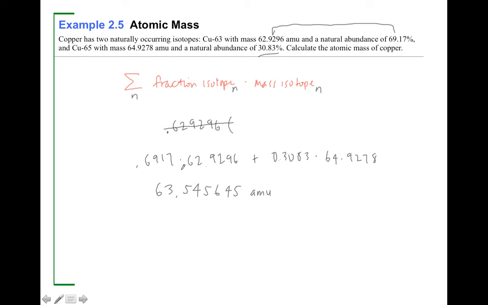Now let's think about sig figs for a second. There were 4 sig figs here, right? There's more than that here. So it looks like we're going to be at 4 sig figs. So this is going to be reported as 63.55.